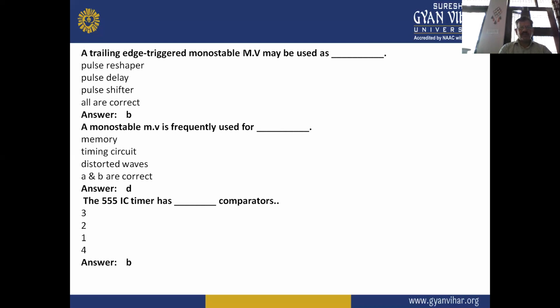And next question, a monostable multivibrator is frequently used for: option A, memory; option B, timing circuit; option C, distorted waves; and option D, A and B are correct. So here the correct option is B, because a monostable multivibrator is frequently used for memory as well as a timing circuit.